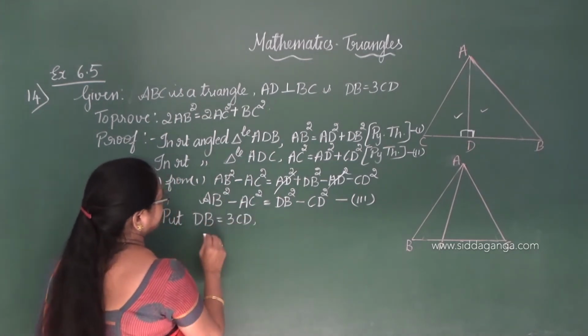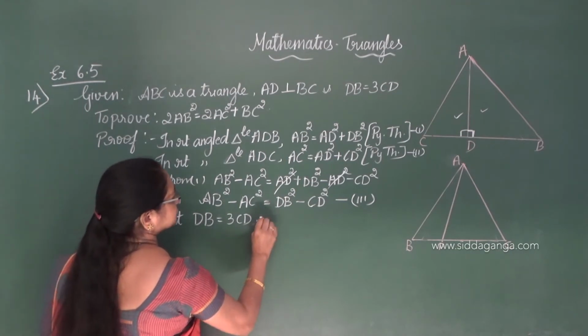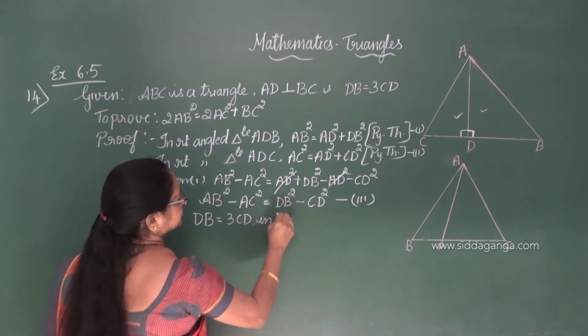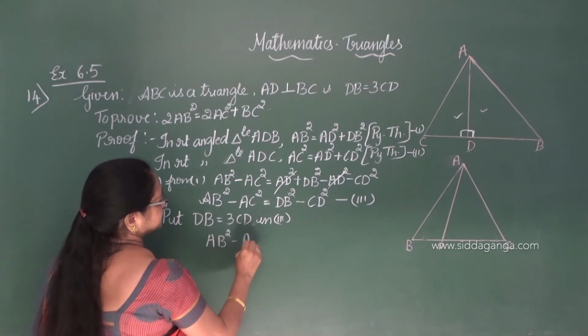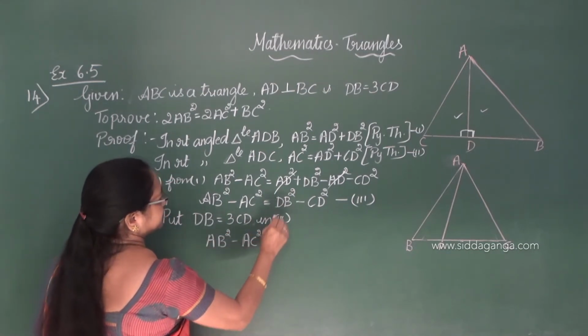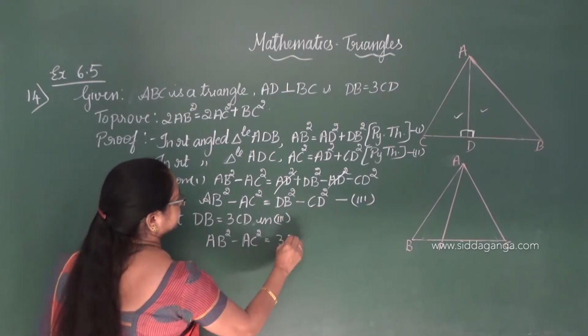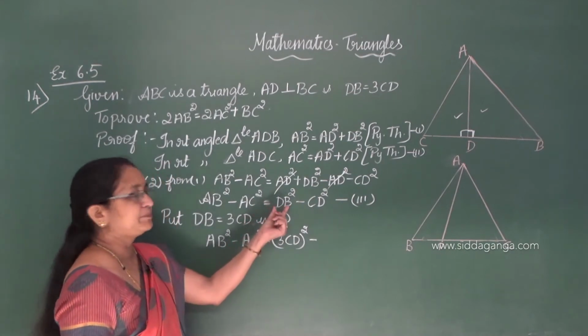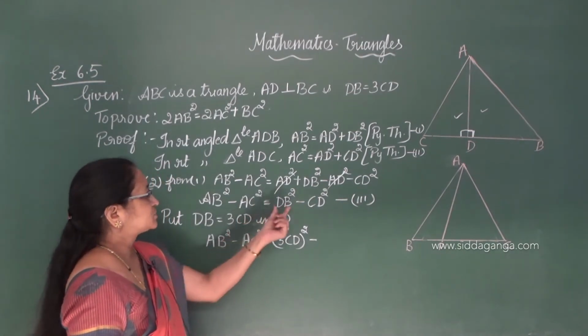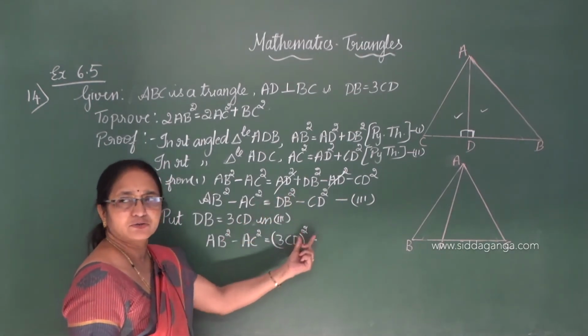Now this will become equation 3. So here AB square minus AC square is equal to, instead of DB I will write, 3CD whole square. I hope you understood, DB is 3CD. So DB square is 3CD whole square.